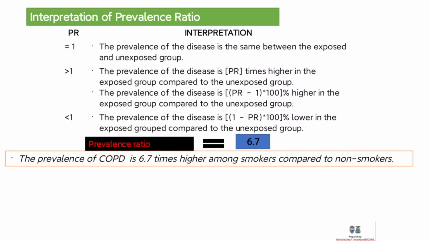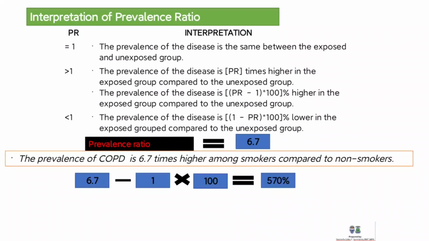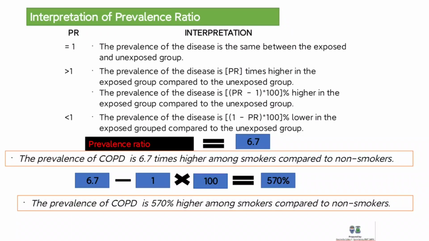Or, pwede mo rin gawin yung isa, which is yung percentage, 6.7 minus 1, which is 5.7 multiplied by 100, makukuha mo is 570%. So that means the prevalence of COPD is 570% higher among smokers compared to non-smokers. So ganun lang siya kasimple, no? Okay? That's it.